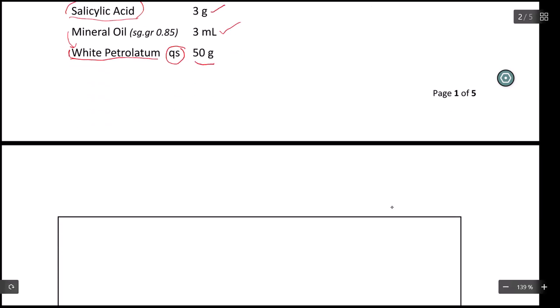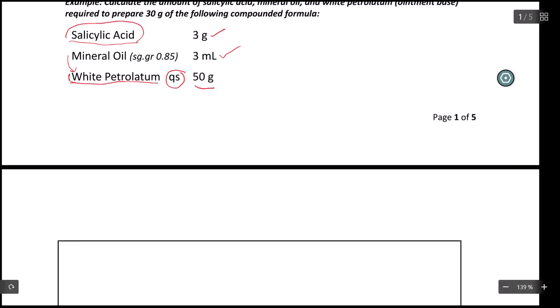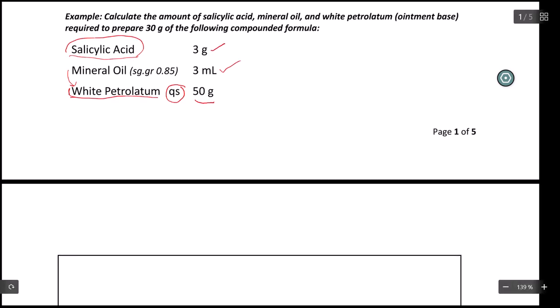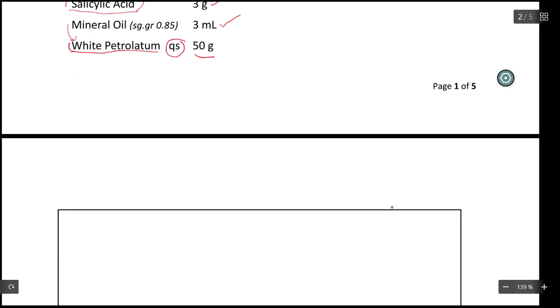We know it says 3 grams of salicylic acid is going to be made every time we make 50 grams total. But notice in the question here, it says we want to make 30 grams, not 50. We want to make 30. So how much salicylic acid do we need? So we have salicylic acid, right?